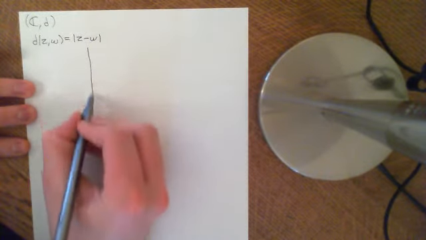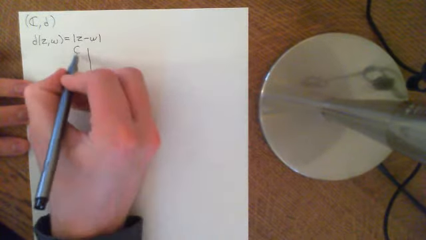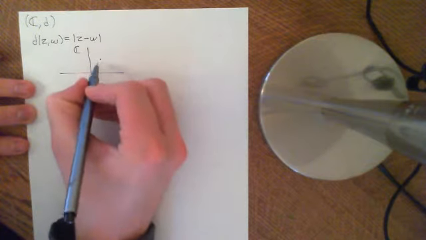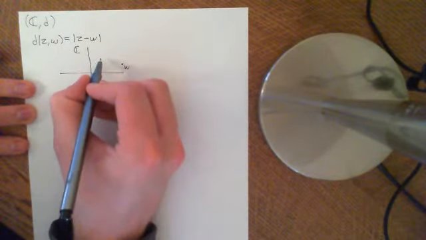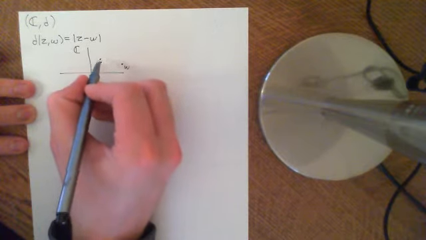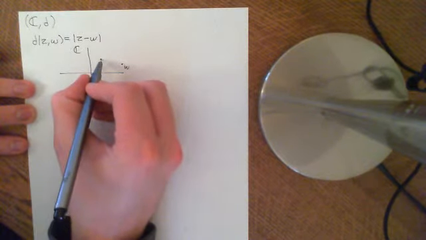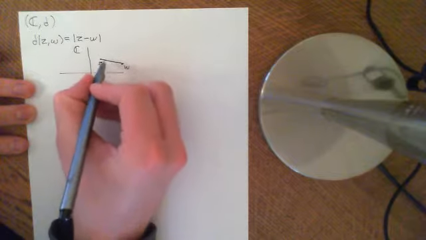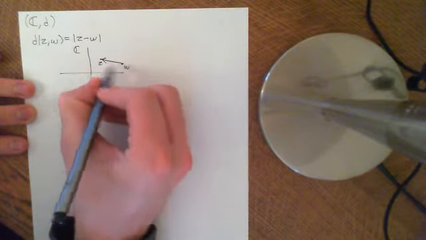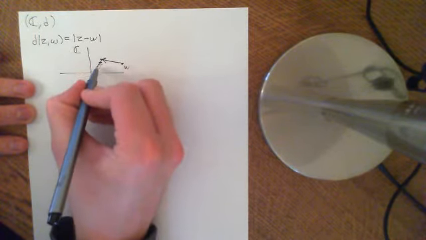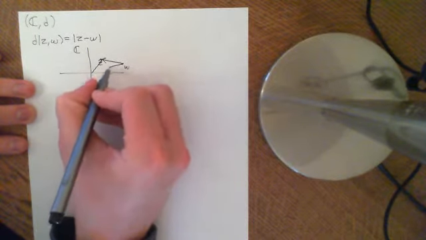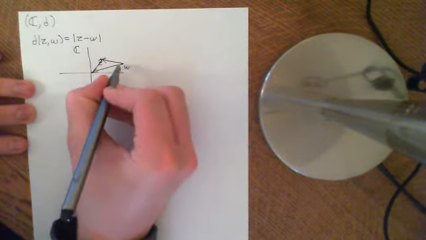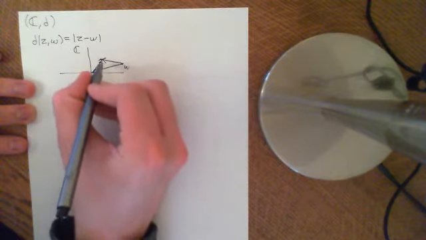So if we have a picture, here's the complex plane. If you have two complex numbers, say this is z and this is w, then you can take the complex number z minus w, which as a vector corresponds to this vector here. The way of seeing that is that this is the vector z, and you're taking minus w, which is that vector, so overall they add together to give that vector.